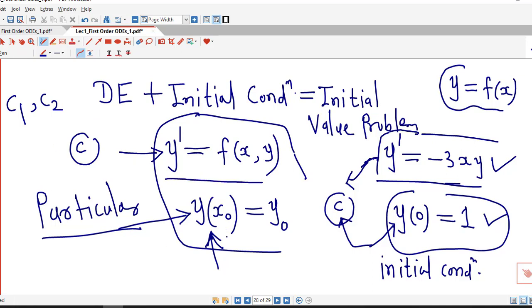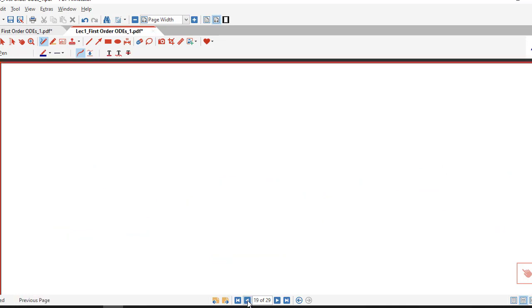So in that case we will require two initial conditions to determine the values of two arbitrary constants. That we will discuss as we proceed for second and higher order differential equations. Recently we are discussing only first order ordinary differential equations. So the initial value problem for first order ordinary differential equation will have only one initial condition. So differential equation together with initial condition is known as initial value problem.